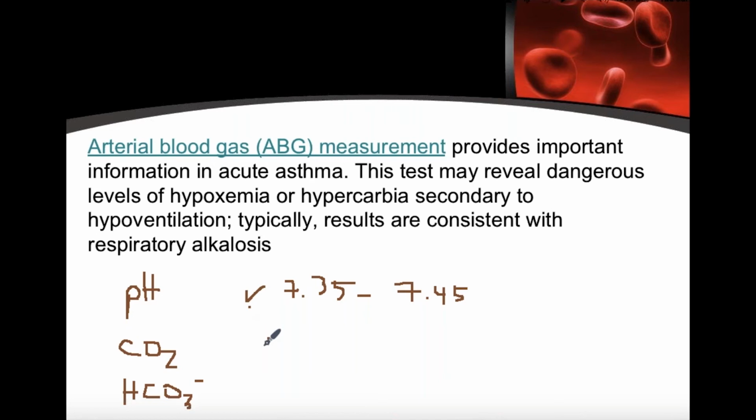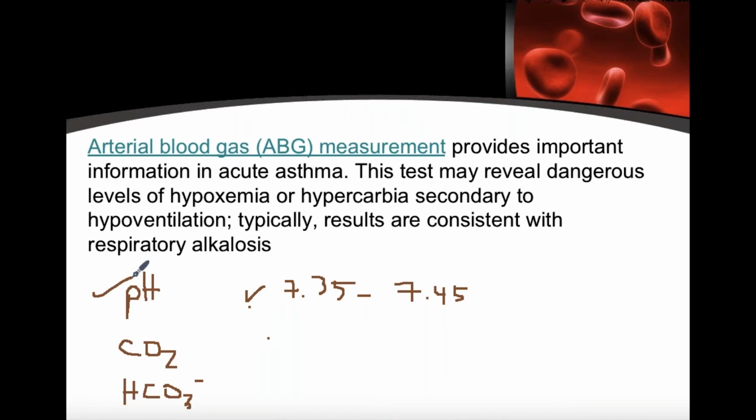And the algorithm that I'm about to give you is not number dependent, it's concept dependent anyway. Okay, so your patient comes in, you do an ABG on them, you get these three numbers back.